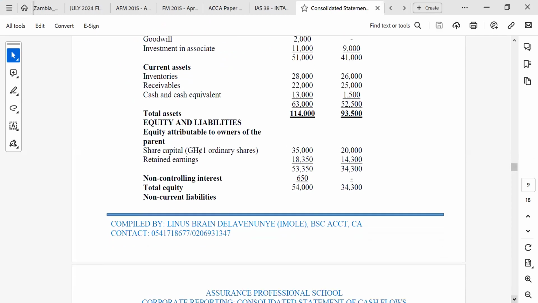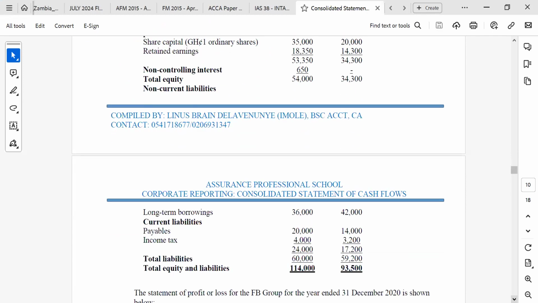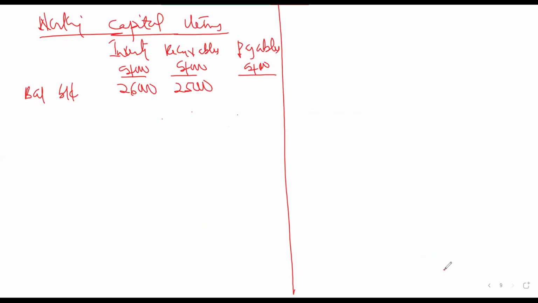Payables is 14,000. Cash will be adjusted. It's just like opening balance plus all the cash that we received during the year, we add it to the opening balance of the cash. So we don't actually adjust the cash. Okay. So this will be 14,000.